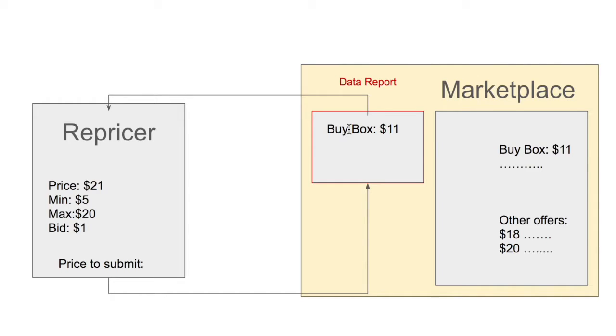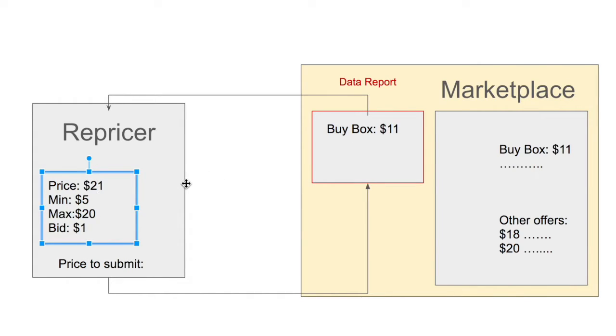In this particular situation, the Repricer can analyze that the product price is $21, but the buy box price is $11. This means that a seller using our Repricer is pricing this product very much above the buy box price.